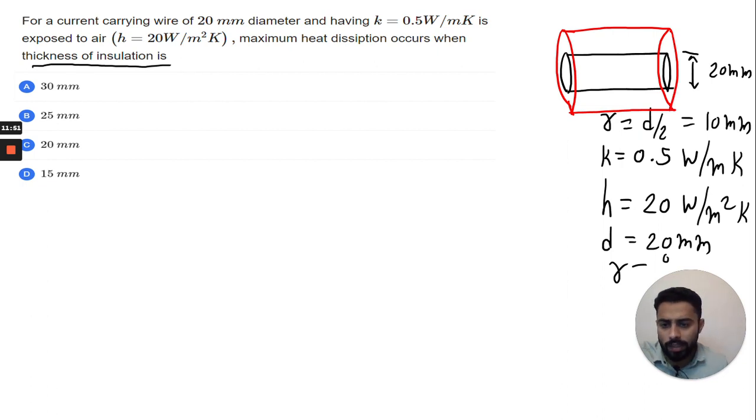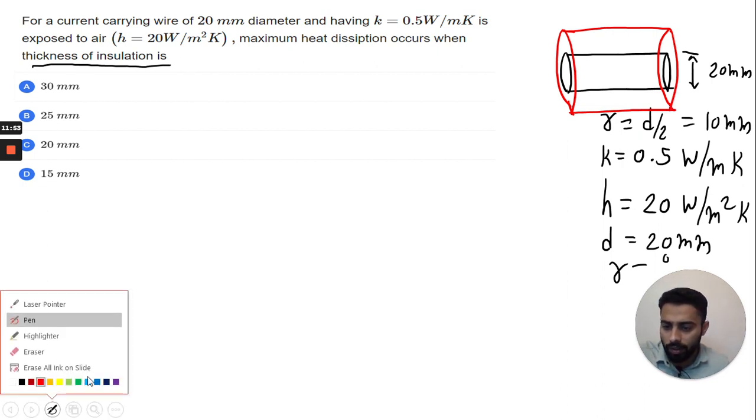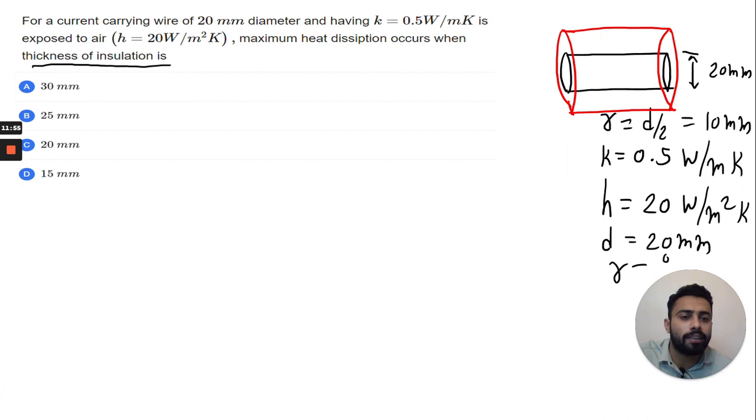The actual wire is the copper wire inside that we see in day-to-day life, and this is the insulation. So they have asked us to calculate this thickness. This is the thickness of insulation. Let me draw this axis, and this is the radius R of the wire, and this is the radius of the insulation, which we name RC.